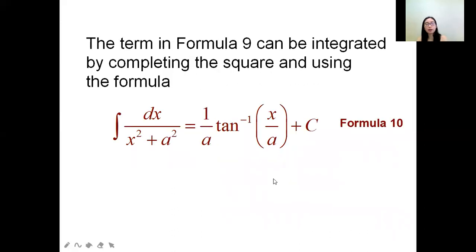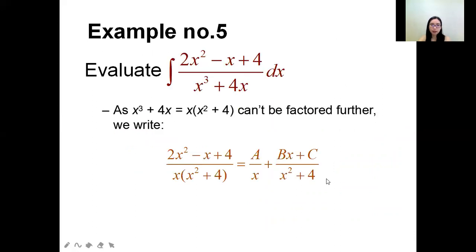The term in formula 9 can be integrated by completing the square and using the formula: integral of dx over x squared plus a squared is equal to 1 over a inverse tangent of x over a plus c, which is our formula 10.